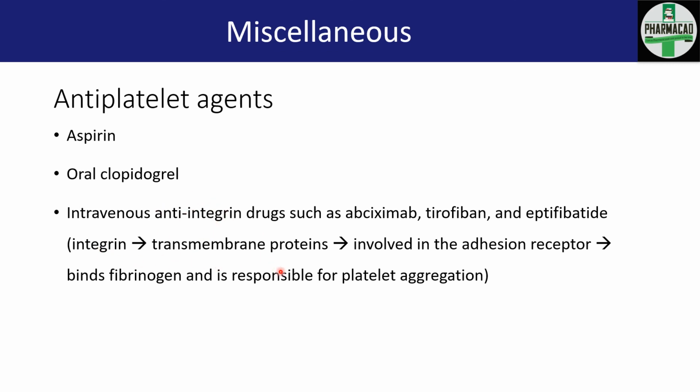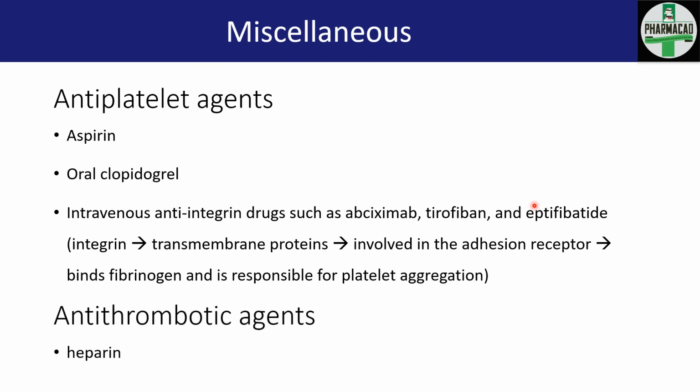Integrin is a transmembrane protein which is involved in adhesion of fibrinogen. So fibrinogen adheres to the coronary wall with the help of integrin, and platelet aggregation happens. To avoid all this platelet aggregation and plaque formation, we need to block or inhibit this integrin receptor where adhesion is taking place. So that is inhibited by all these drugs.